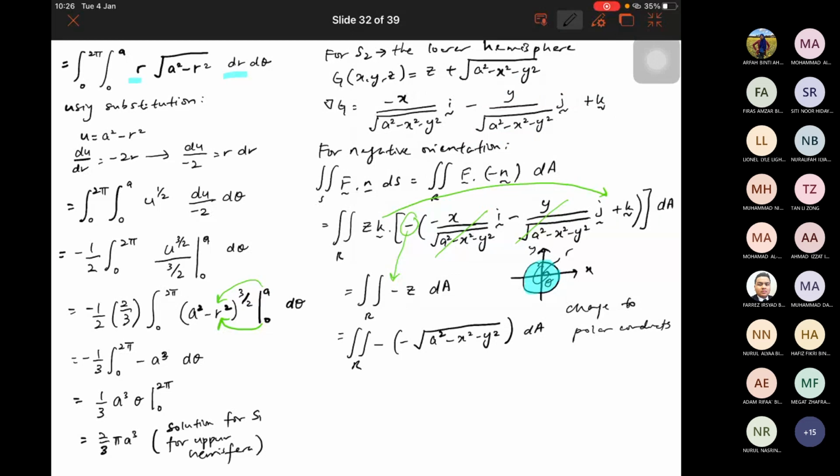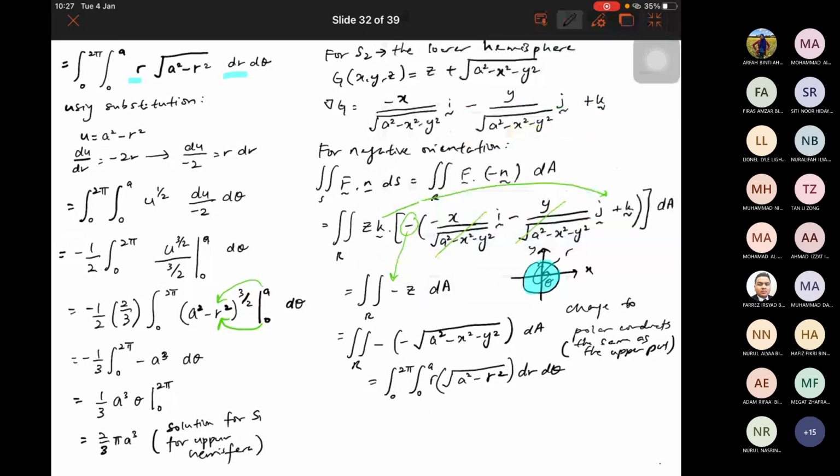So changing to polar coordinates, it will be the same as the upper part. So we get the integral from 0 to 2 pi, 0 to a, square root of a squared minus r squared, multiplied by r dr d theta. We did this earlier and got 2 pi a cubed over 3.